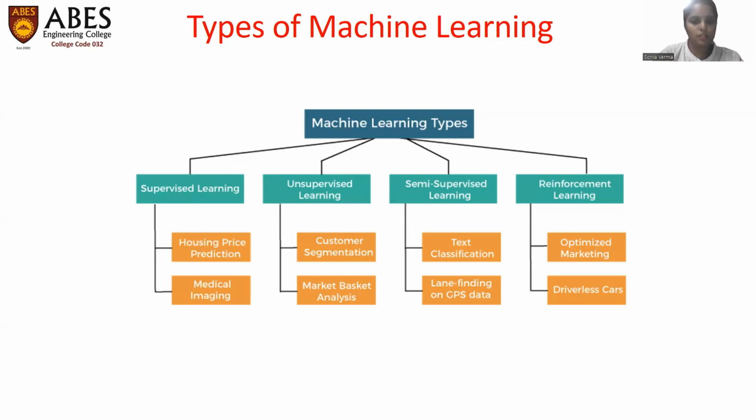And for unsupervised learning, customer segmentation and market basket are examples. Text classification and lane finding on GPS data are examples of semi-supervised learning. Optimized marketing and driverless cars are examples of reinforcement learning.